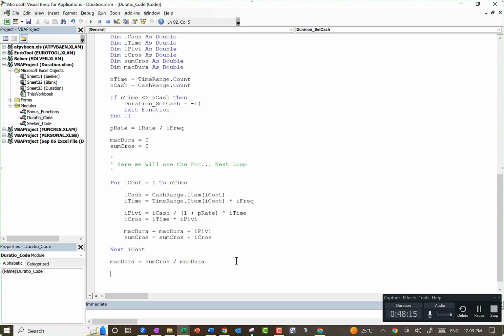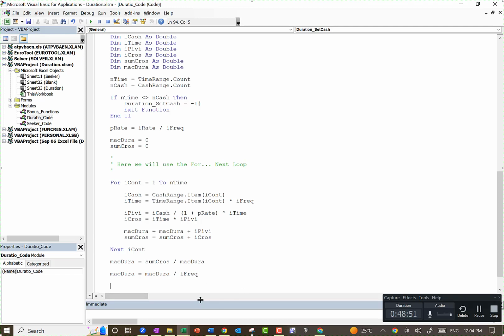First of all, those time periods that I put in are in terms of number of periods, but we're measuring duration in number of years. So let's first convert that to number of years. If it's monthly, when I got out of that loop, the Mac duration is in terms of number of months, but we want to measure it as number of years.